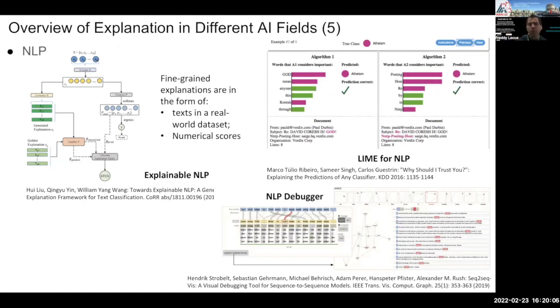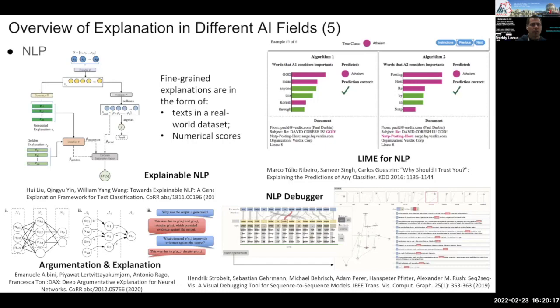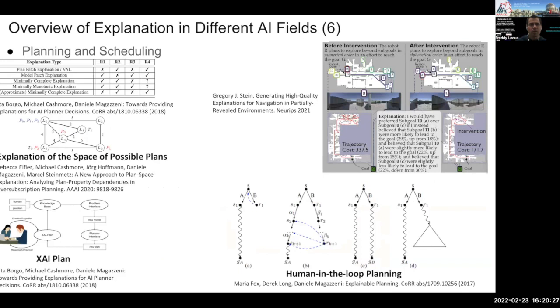You need to be careful about the interpretation that you're doing, but it's a good start. And argumentation and explanation, still in the NLP space, is pretty neat work too.